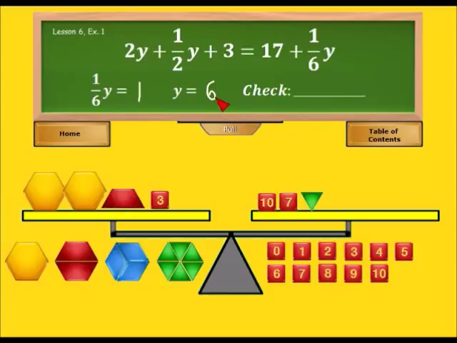If y is equal to 6, we have 6 here, 12, and 3 is 15, and 3 is 18. So the left side of the equation will be 18. So let's write down 18 over here.